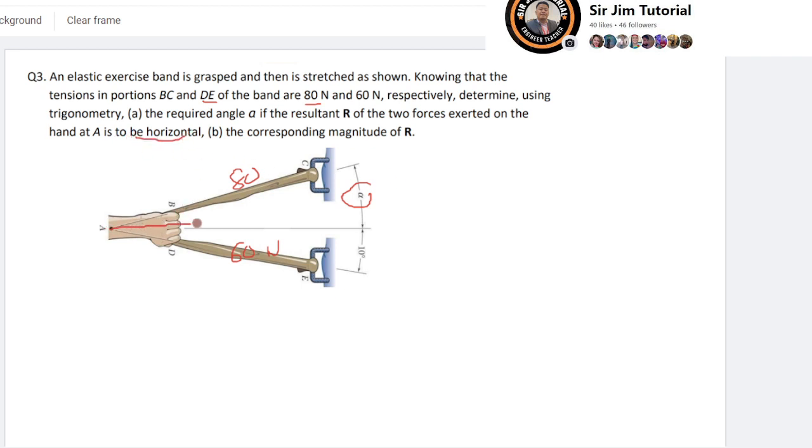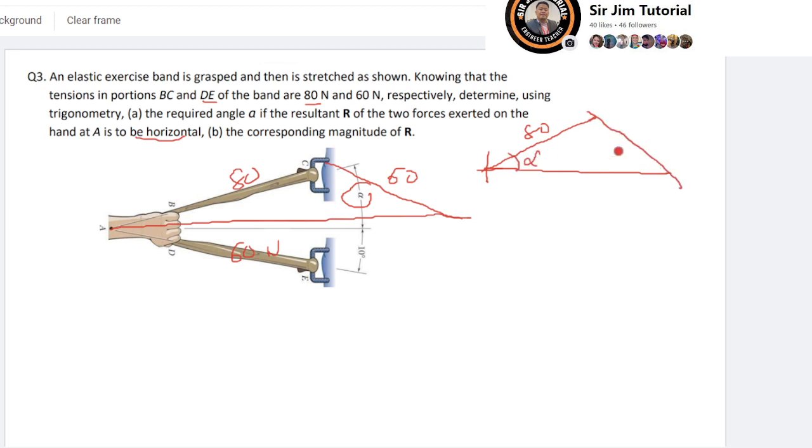It's just like when you have here R, horizontal, and then this one you just transfer over here. So this is 60, this becomes 80. Or we could say, again, I could draw here, this is 80, which has an angle of alpha.